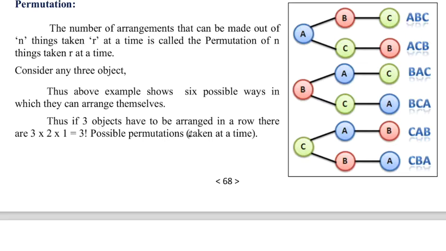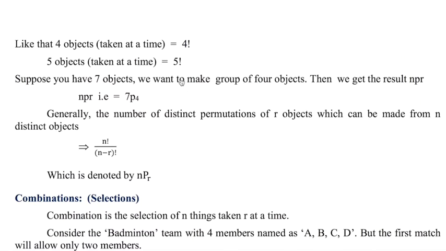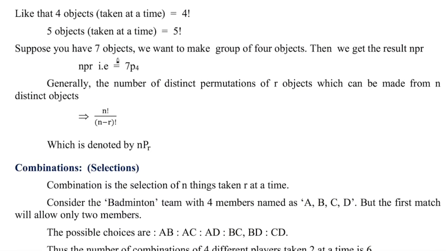Thus, if 3 objects have to be arranged in a row, there are 3 into 2 into 1, 3 factorial possible permutations. Like that, 4 objects taken at a time, 4 factorial. 5 objects taken at a time, 5 factorial. Suppose you have 7 objects and we want to make a group of 4 objects. Then we get the result as nPr. What is nPr? n factorial by n minus r factorial.